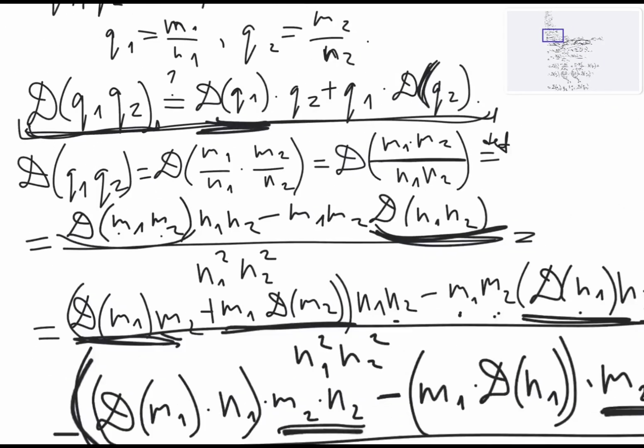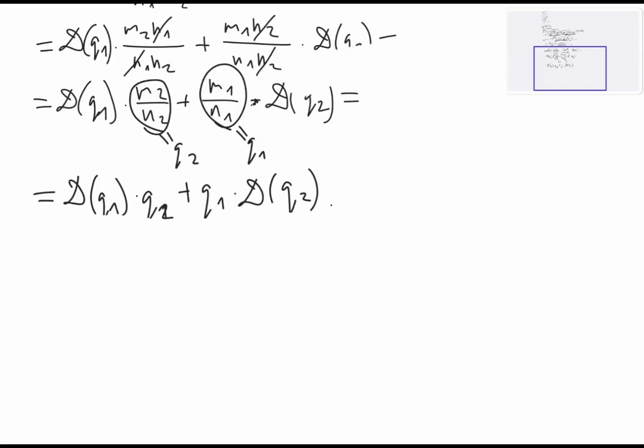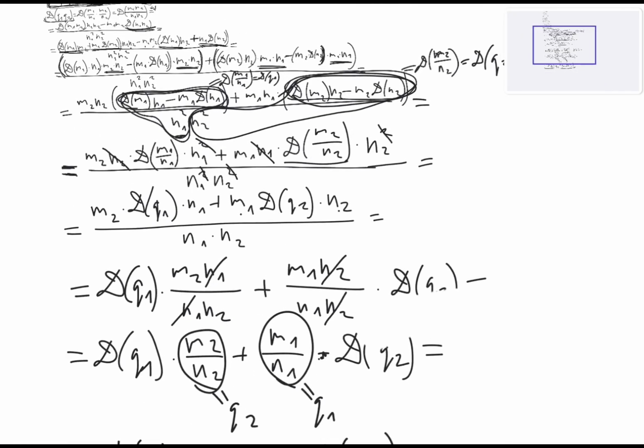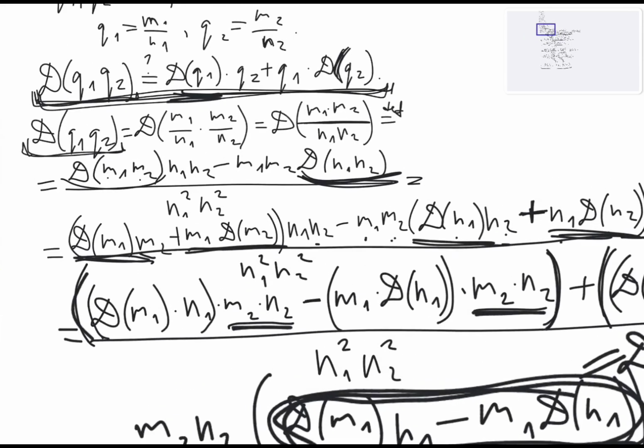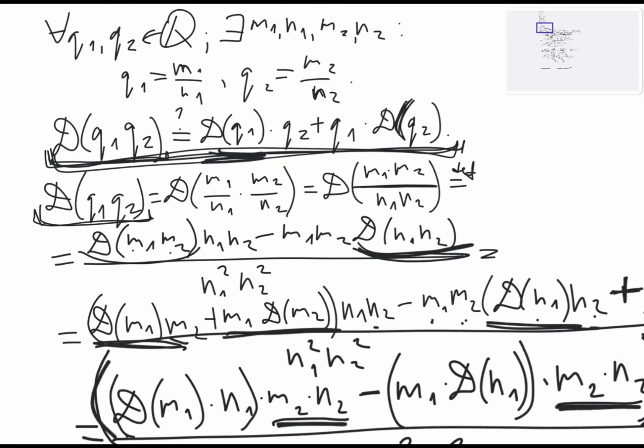So yeah, we see that what we obtained here is exactly what we needed to obtain. So this is the product rule for q1 and q2. So what we needed here is this equality.